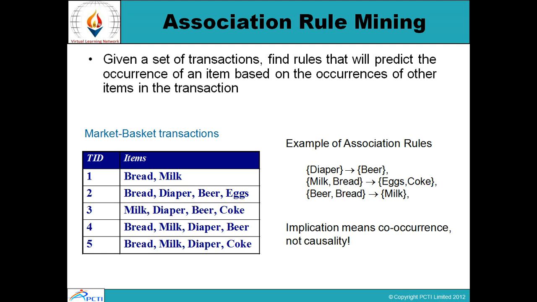Association rule mining involves a set of transactions. Find rules that will predict the occurrence of an item based on the occurrence of another item in the transaction. Suppose you purchase bread, then you are likely to purchase milk also.